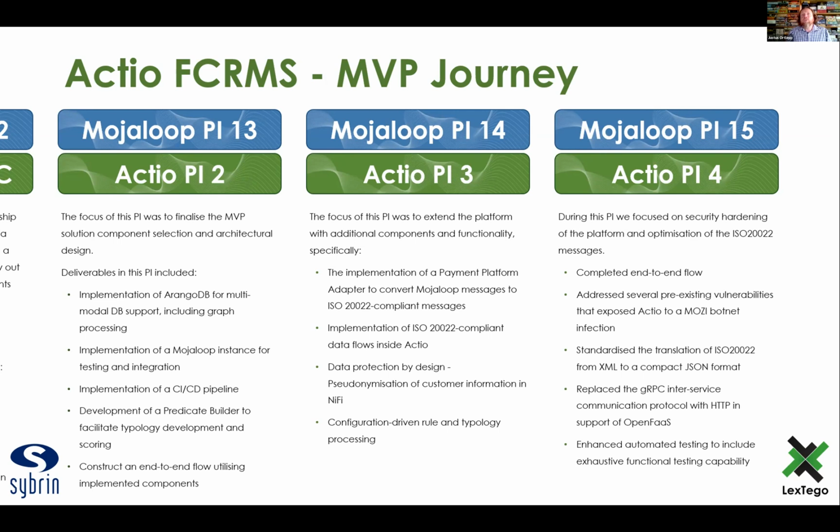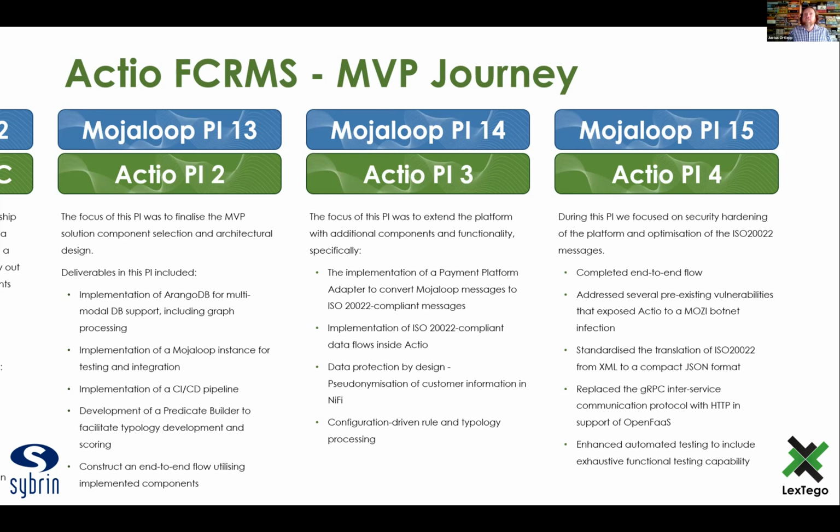But we were able to complete our end-to-end flow now, which is all of the processes that we need in order to be able to evaluate a transaction for fraud. I'll show you a little bit about what that flow looks like. We started off with a specific ISO 20022 implementation where we took the ISO messaging, which is typically an XML standard, and converted that into a JSON formatted message.